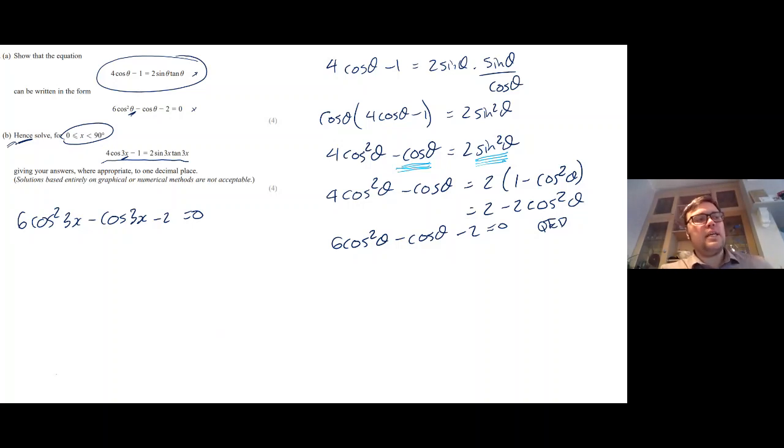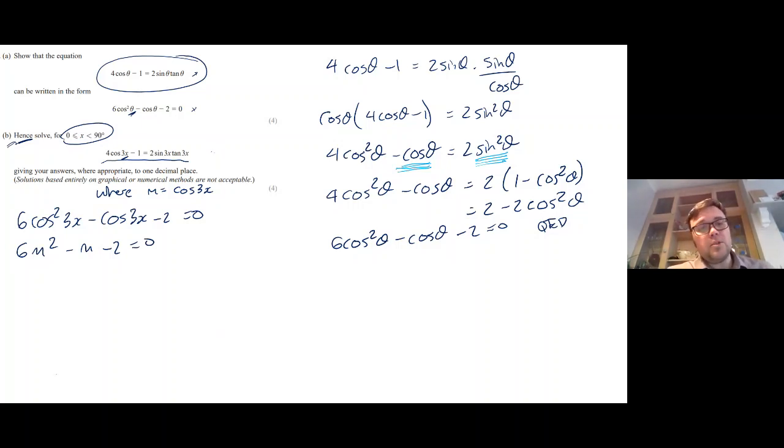Now with that quadratic, there are various ways in which you can solve it. I'm going to write it as m squared minus m minus 2 equal to 0, where I would tell whoever is marking it this is cos 3x. You could use the quadratic formula. It hasn't specified that you have to solve it a different way.